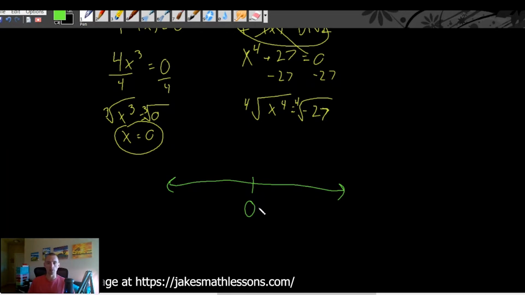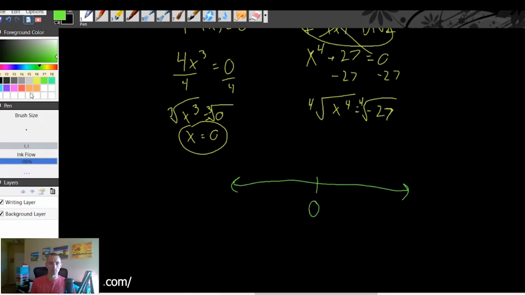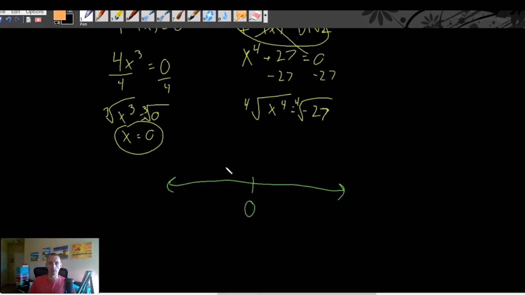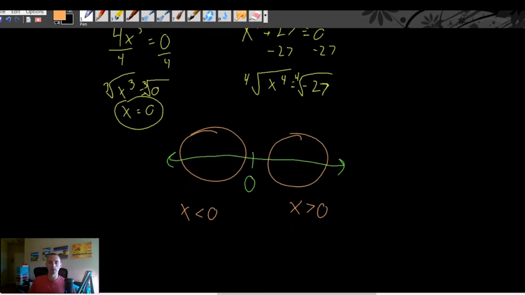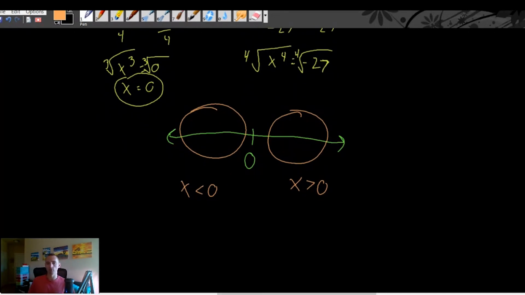In this case, it is, so that's why it's here. Okay, so now you can see this number line has basically been split into two pieces. We basically just split our number line into all x values less than 0 and all x values greater than 0. Those are the two areas of x values that you want to test now using our first derivative test.